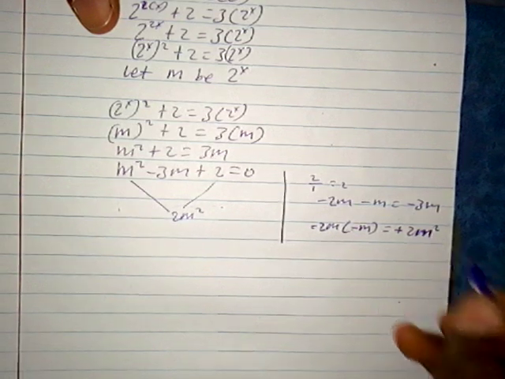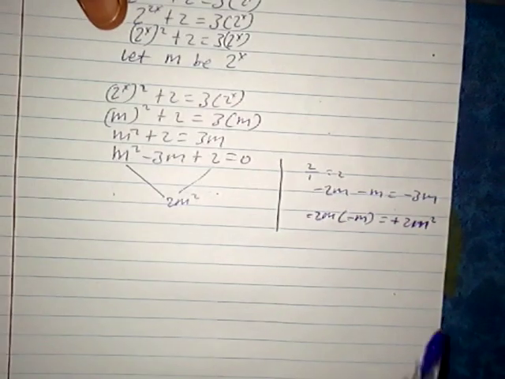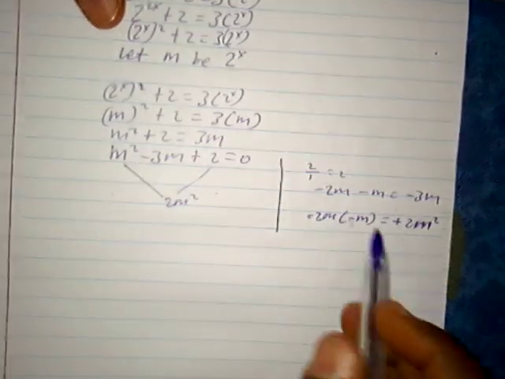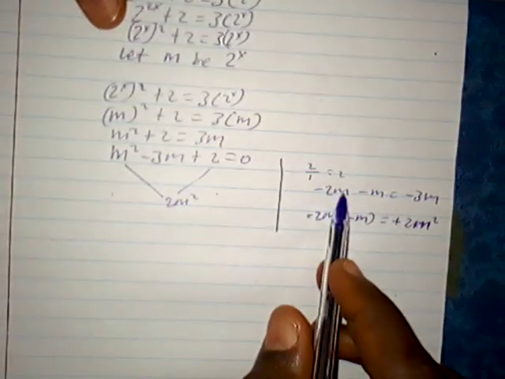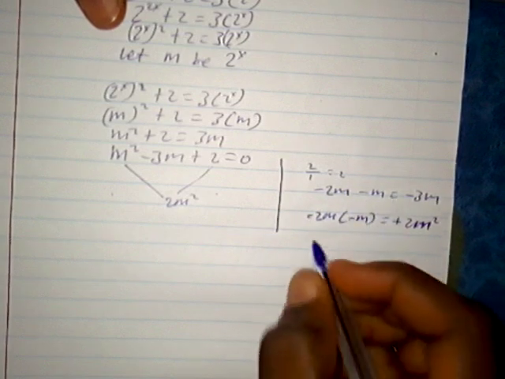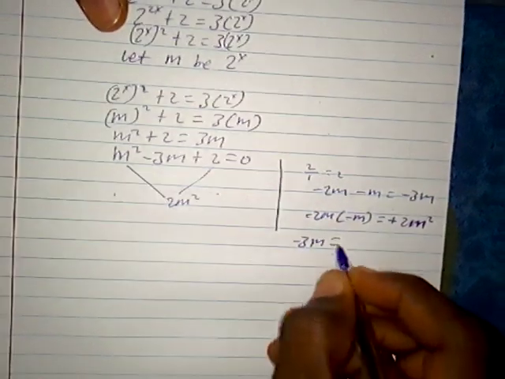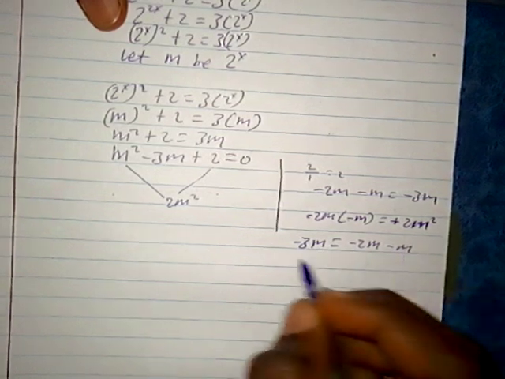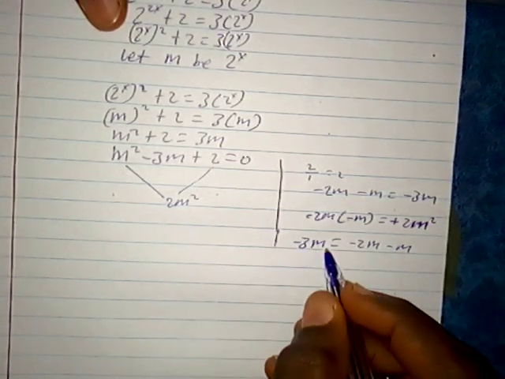Good. So anywhere you see minus 3m, we put minus 2m minus m, because minus 3m is just equal to minus 2m minus m.